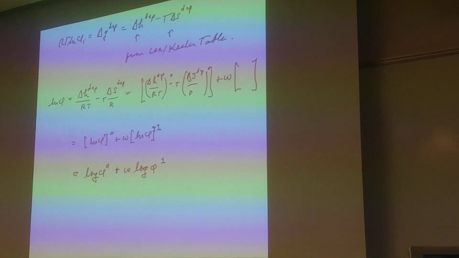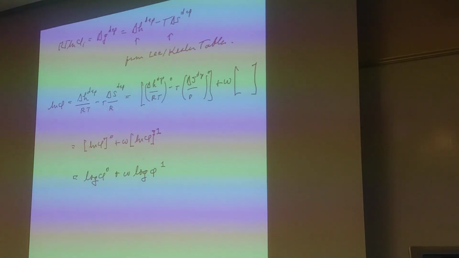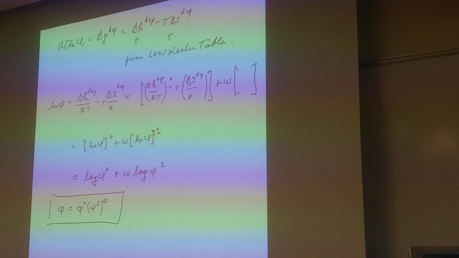So if I have those values, I can evaluate phi directly here. That's just equal to phi0 times phi1 with an exponent of omega. Now we have our tables of log phi0 and log phi1, the Lee and Kesler tables.